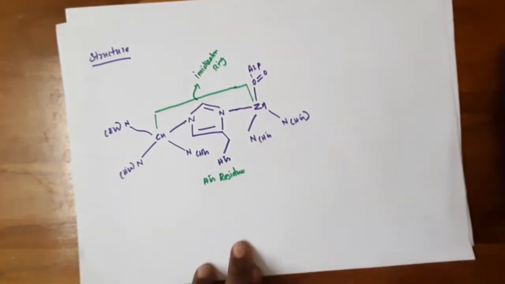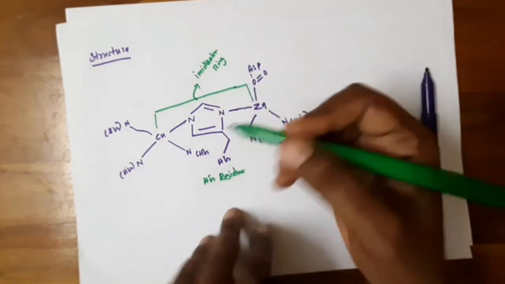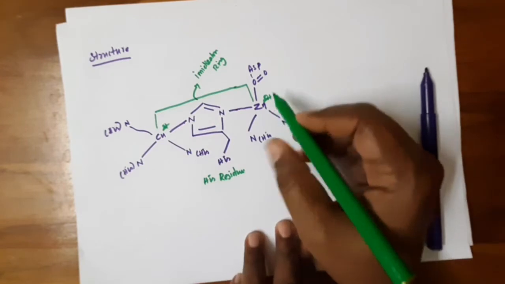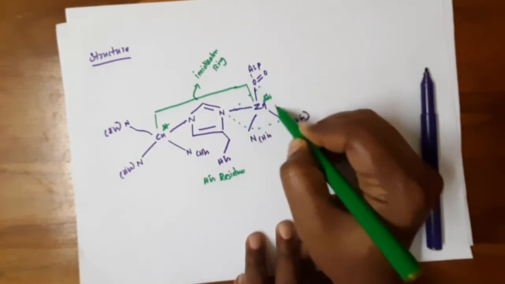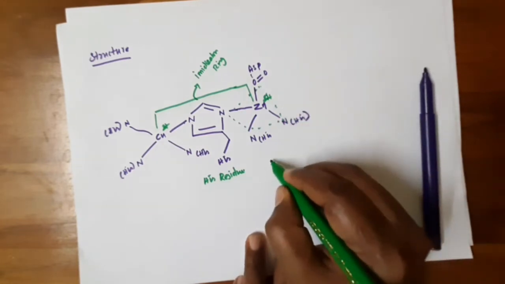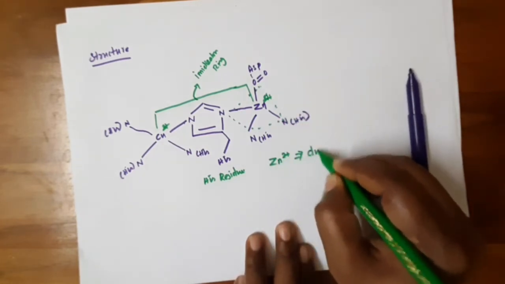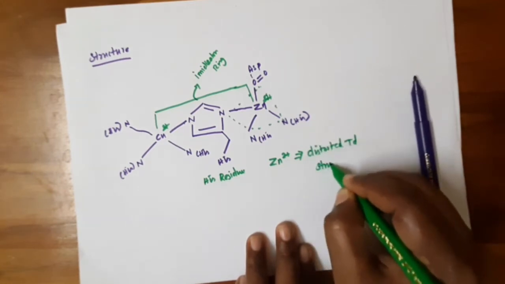And if you see this zinc 2 plus metal ion, both the metals are in the +2 oxidation state, and they are tetrahedrally coordinated. Okay, so the zinc 2 plus ion has a distorted tetrahedral structure.